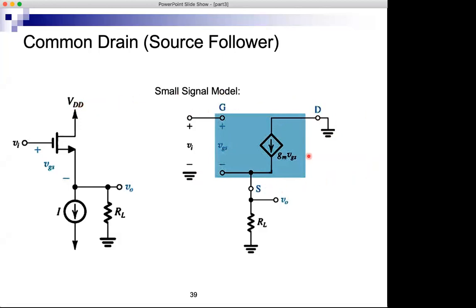From the source to ground, I have RL, and this current source disappears because it's pure DC. Let's calculate the small signal quantities of interest for this amplifier: input resistance, voltage gain, output resistance.